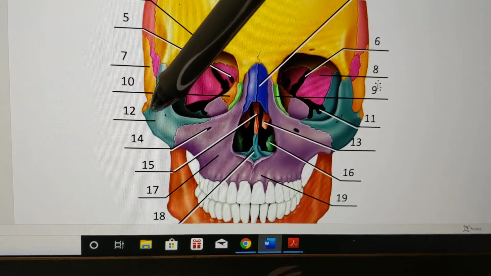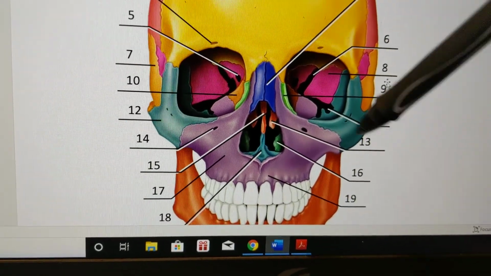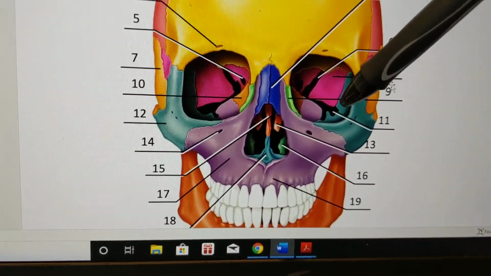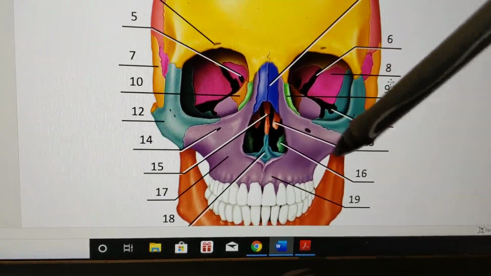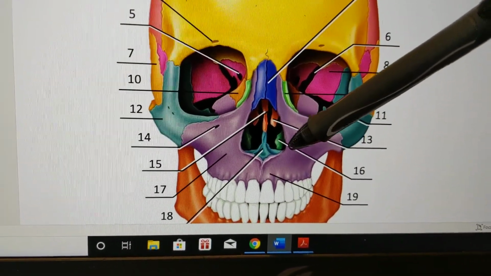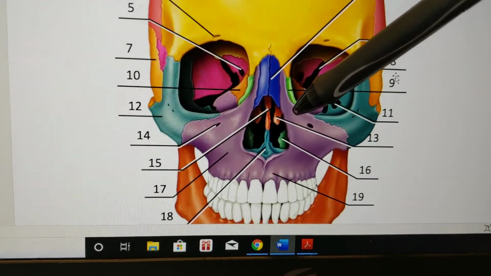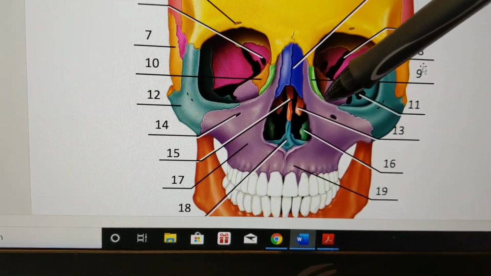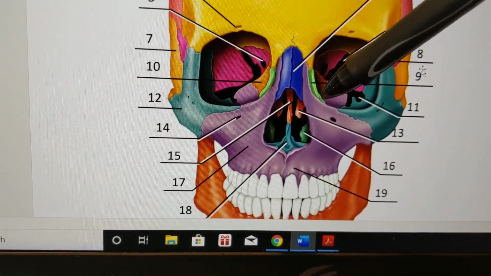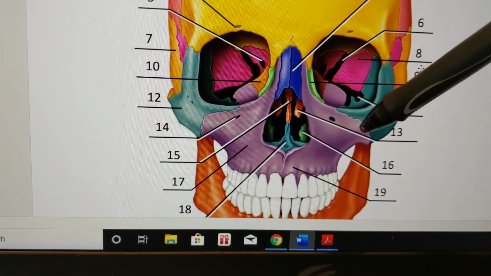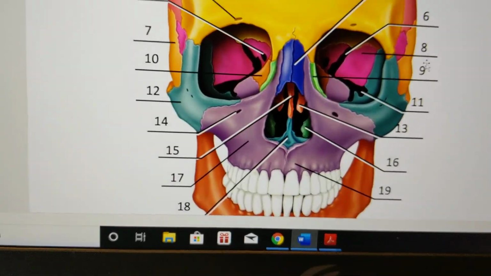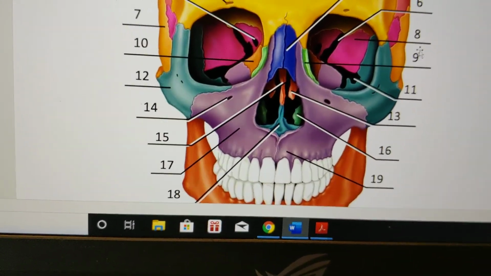Scroll a little bit. 13, I didn't really see 13 referenced either, but this one is the inferior nasal concha, so maybe 13 is just the inferior nasal concha.